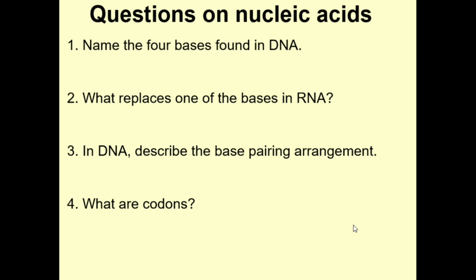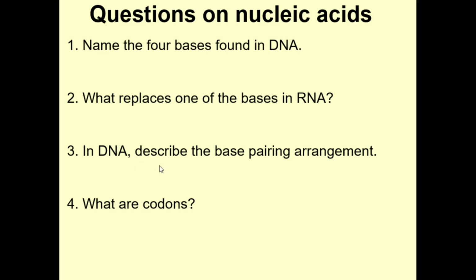Okay, so let's go through 4 quick recap questions then. I'll read these out and then we can pause the video and you can have a go at answering them, and then we'll go through the answers together. So question number 1, name the 4 bases found in DNA. Number 2, what replaces one of the bases in RNA?